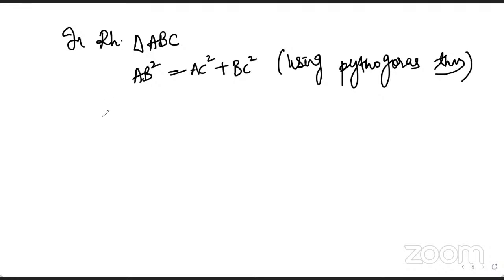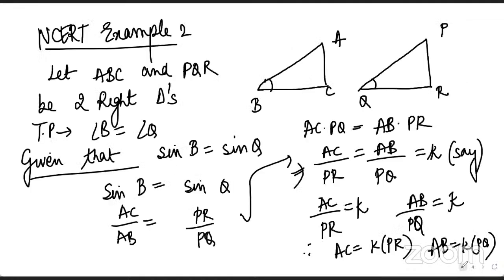Now I know that AB square is equal to AC square plus BC square. Now AB square minus AC square is equal to BC square.